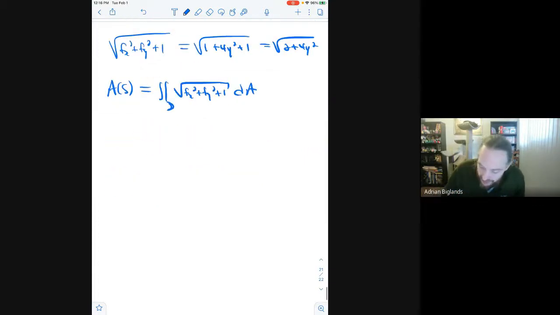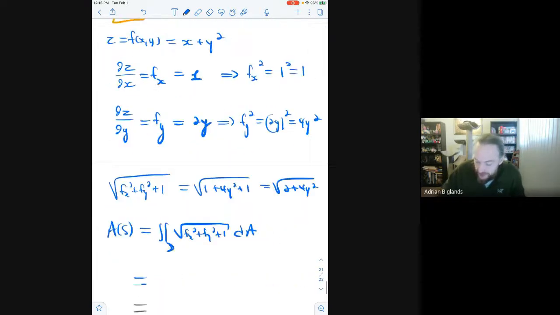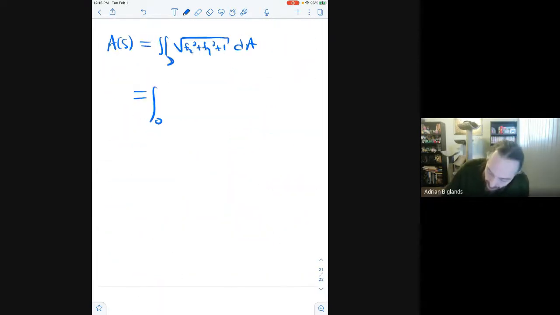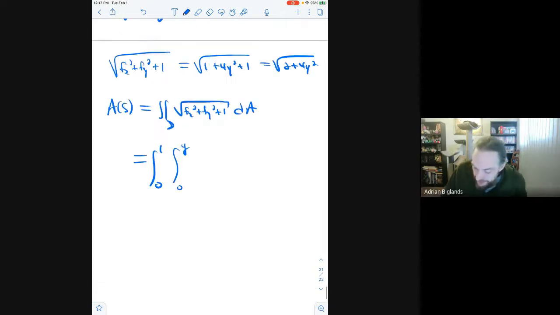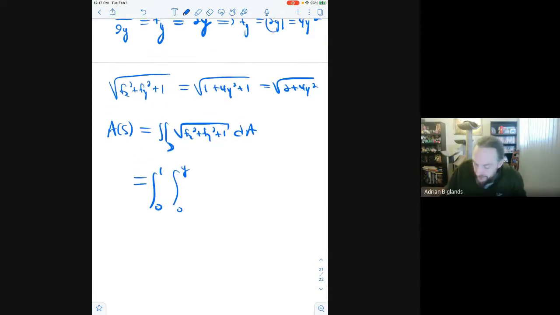So this is equal to, I found out what my region was. It was type 1. I'm going to go from the integral from 0 to 1, the integral from 0 to y of the square root of 2 plus 4y squared dx dy.